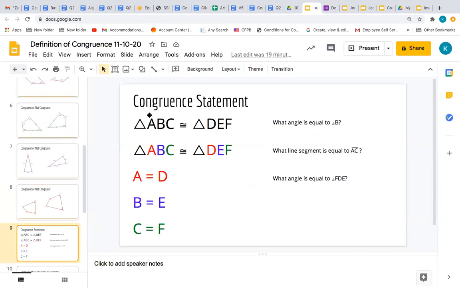In here, there's a congruence statement. See, this means triangle ABC. You don't have the figure, but just think or draw it. Congruent sign, congruent to triangle DEF. What angle is equal to B?